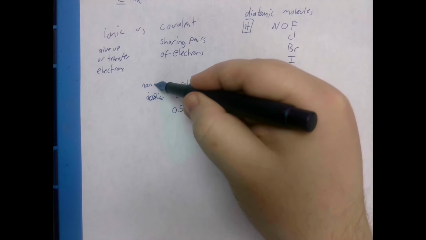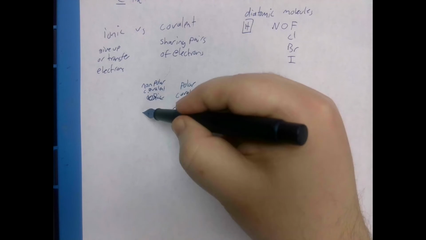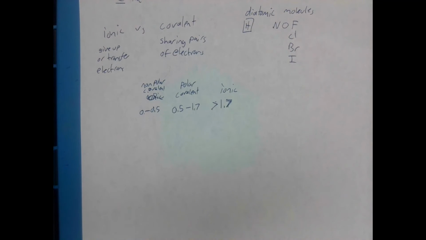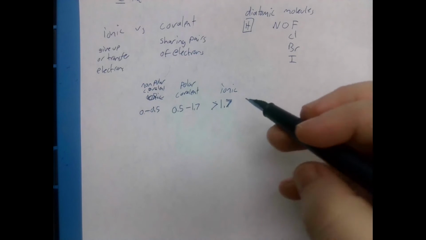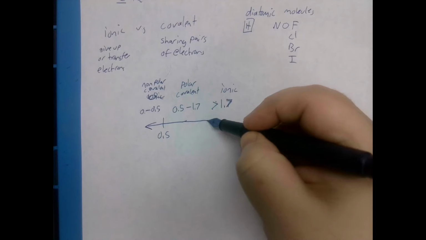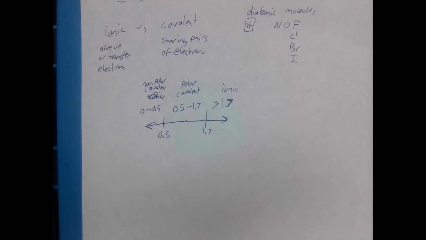And then non-polar covalent, which would be 0 to 0.5. So it's a spectrum. 0.5 to 1.7. Polar just means that you're going to have two sides, one more positive and one more negative.